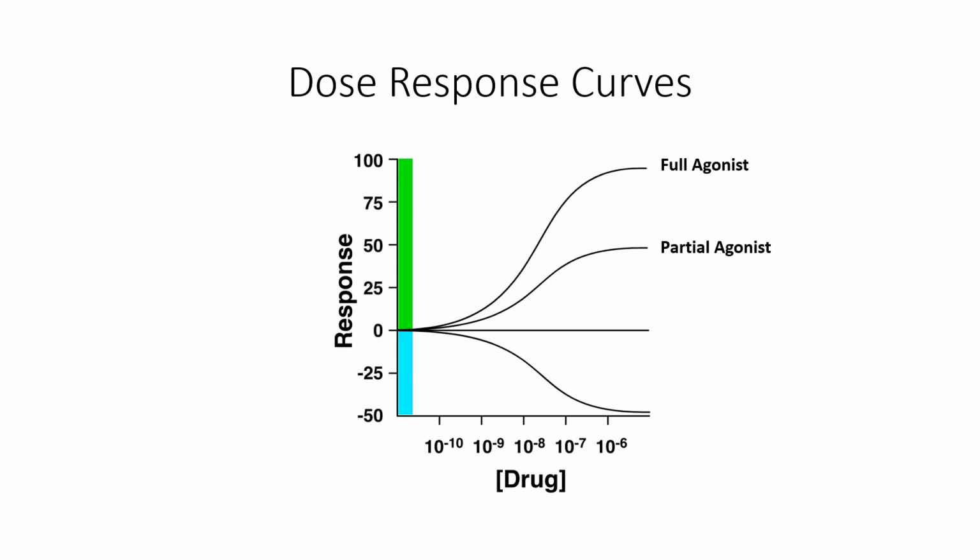It doesn't have to be 50%. It just has to turn on the receptor less than the full response. If we bind a drug to a receptor and nothing happens, it remains in its inactive conformer, and thus the G-protein will not break away from the receptor. We call these drugs neutral antagonists.